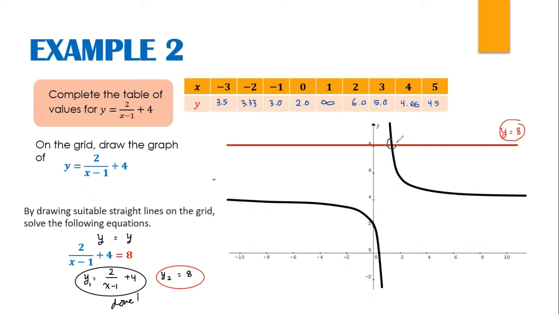Once again, the solution is the intersection. So when you find the intersection of both graphs, now your job is to find the intersection on the x-axis. That's the solution. Is it clear to everyone? This is the solution.